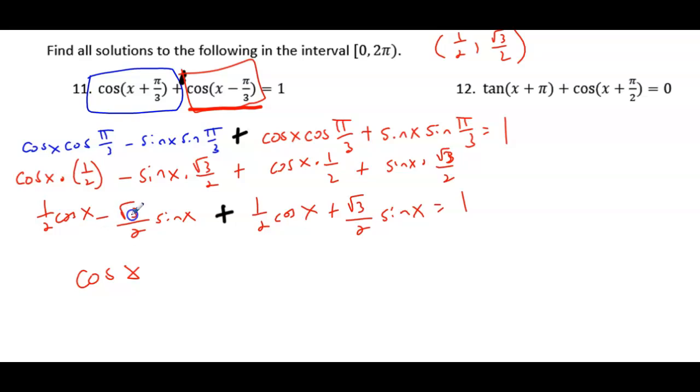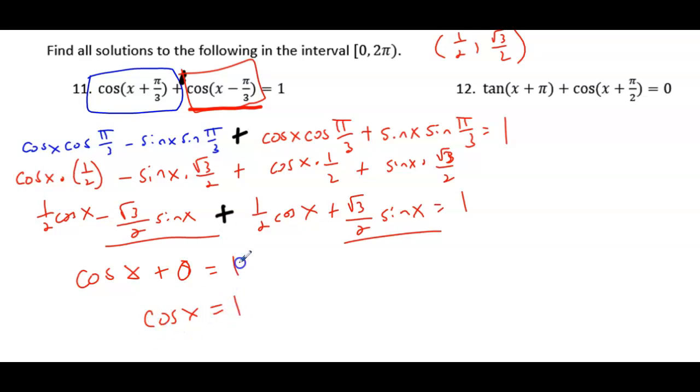And then negative radical 3 over 2 sine of x plus radical 3 over 2 sine of x. Negative plus itself is 0, so 0 sine of x. So we have cosine of x equals 1.